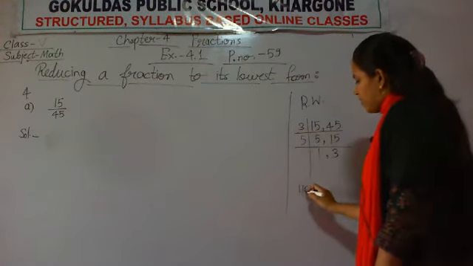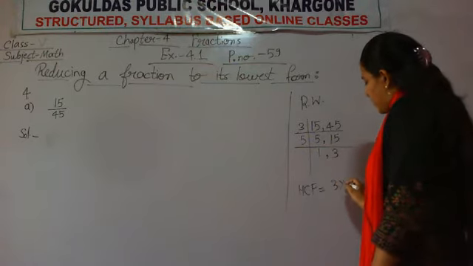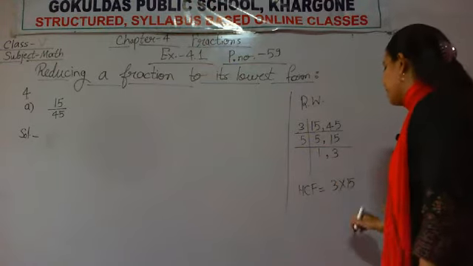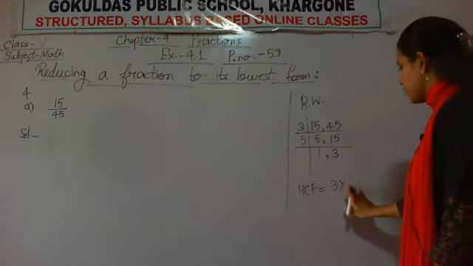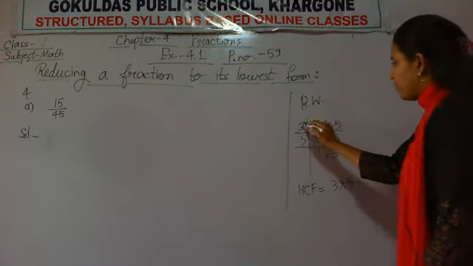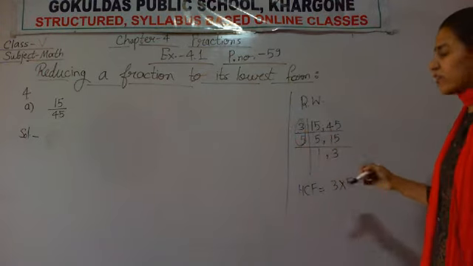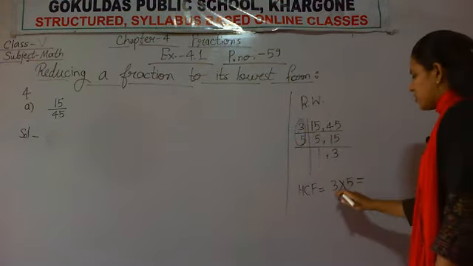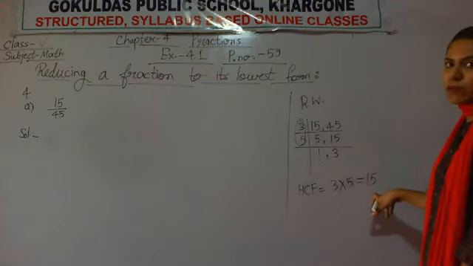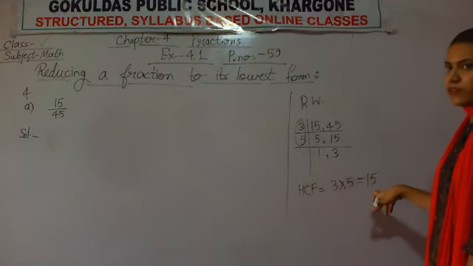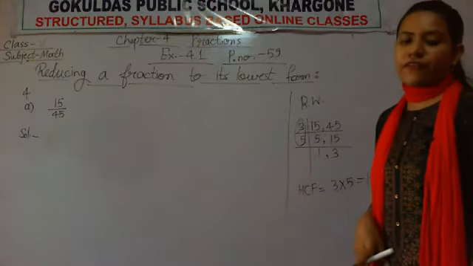Then the HCF will be 3 multiplied by 5. We will multiply these two numbers to get our HCF. So 3 into 5 gives us 15. So what is the HCF of both the numbers? 15, right? 15 is our HCF.